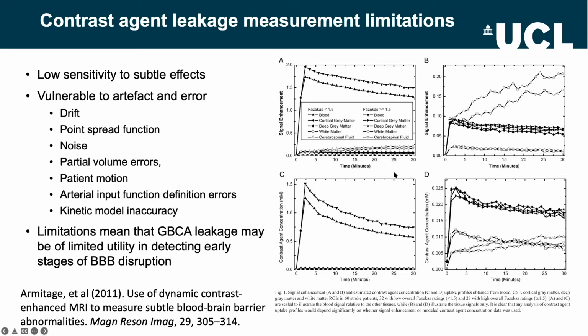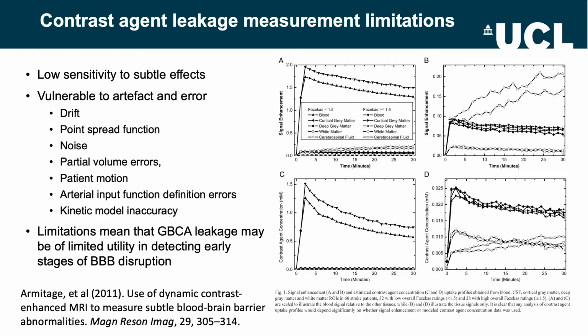One more question. Is there optimal temporal resolution for subtle BBB leakage? Yeah, that's a really good question, and there's a short answer and a long answer. The long answer is that it really depends on exactly what you're trying to measure.